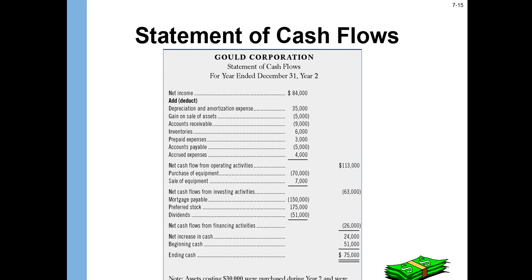Purchased, we paid, the cash went out, that's why we have a negative sign over here. And for the sale, we have received money. And we end up with negative 63,000.